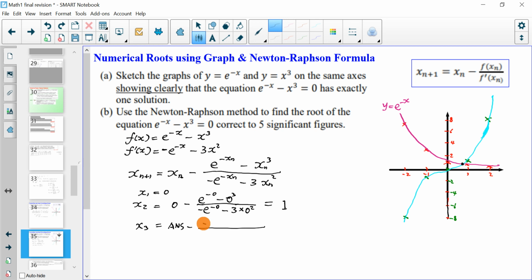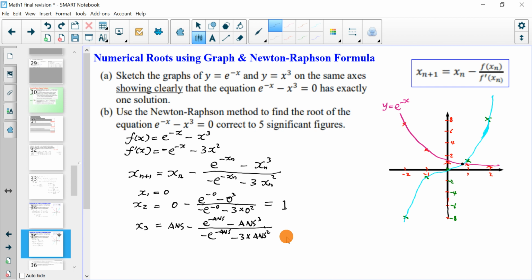So answer, e to the minus answer, minus answer cubed, over minus e to the minus answer, minus 3 times answer squared.